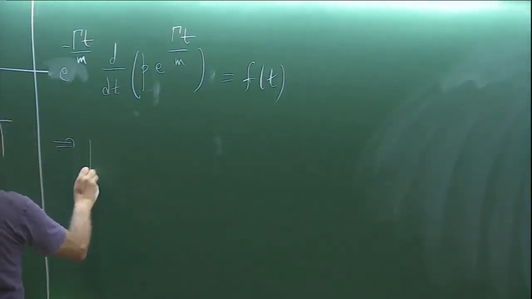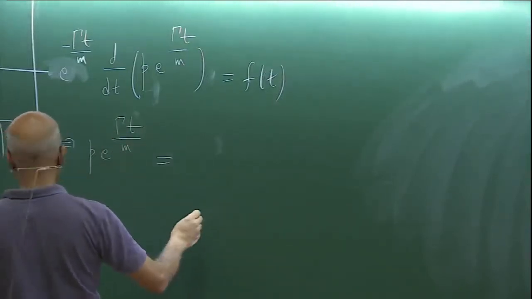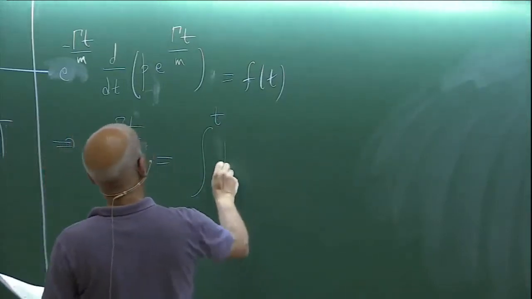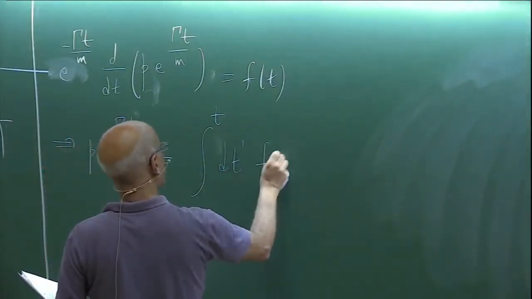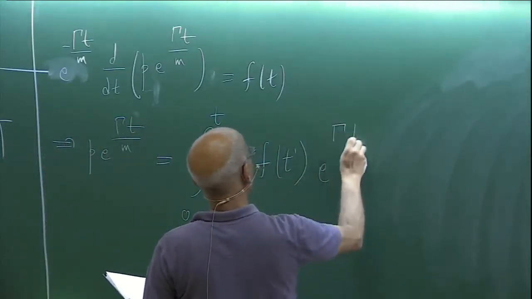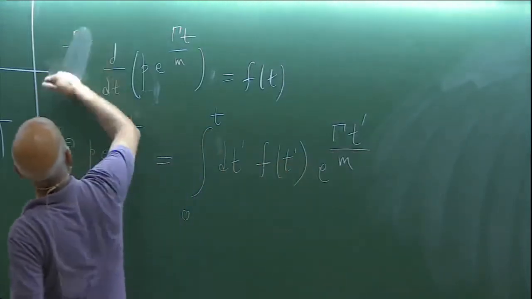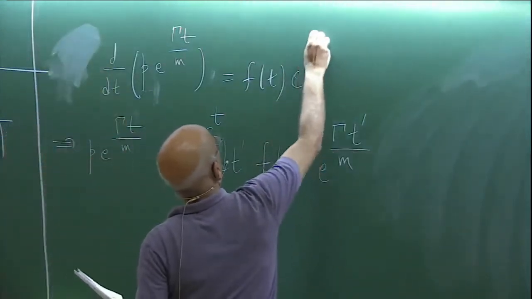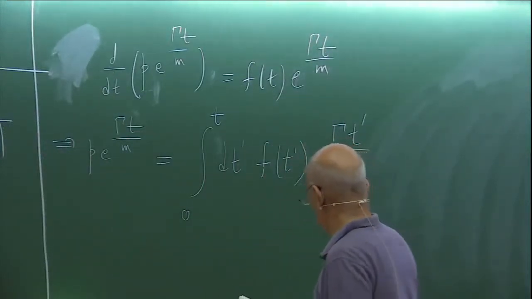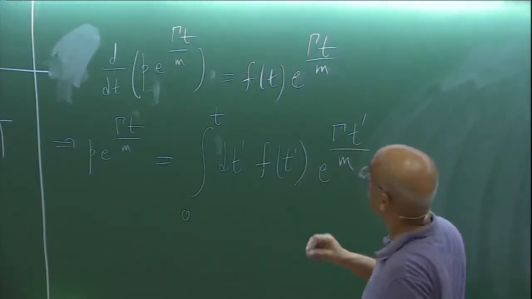And therefore, we know that P times e to the gamma t over m is equal to the integral up to t from some reference time of the noise. Right? Let me write it this way. Clear? Okay.